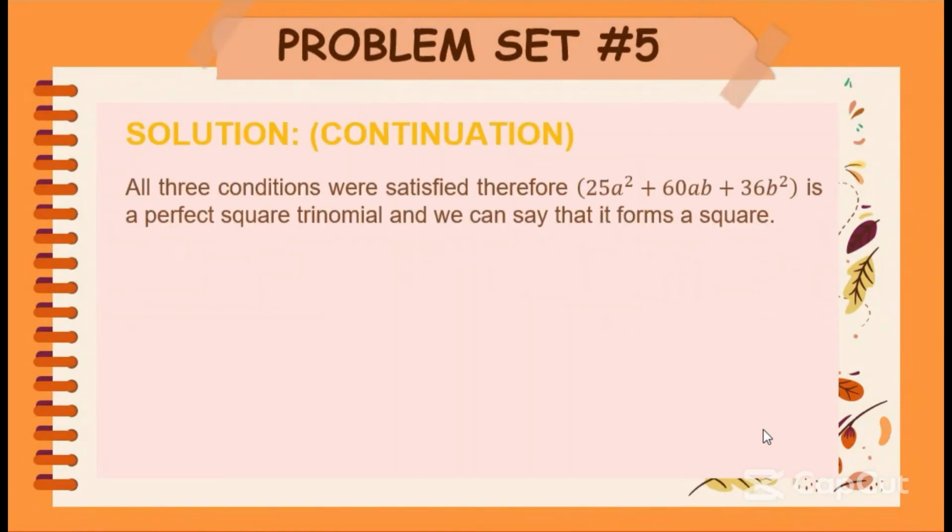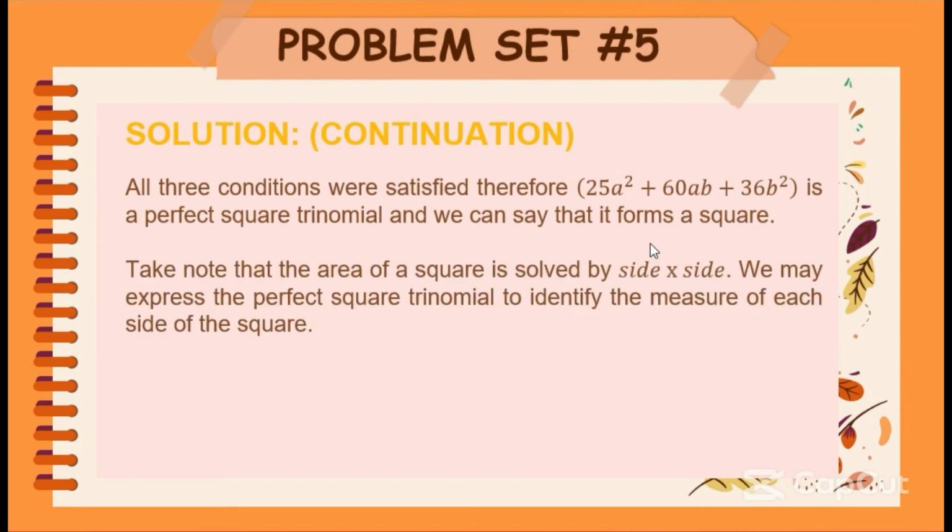To determine that, all conditions were satisfied, therefore it is a perfect square. So we can say it forms a square. Now, the area of a square is solved by side times side. Ibig sabihin, iisa yung measurement ng kada side. We may express a perfect square trinomial to identify the measure of each side of the square.